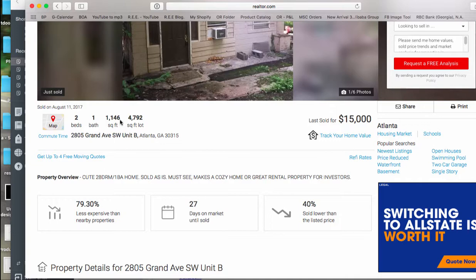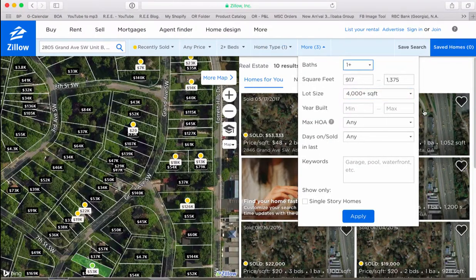Then you add the 229 to 1146, which gives you 1375 for your maximum, so above 20%. And then you go 1146 minus the 229, which gives you 916. So you want to be in the plus or minus 20% range to see the comparables.